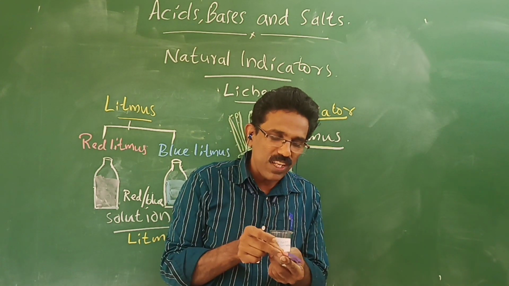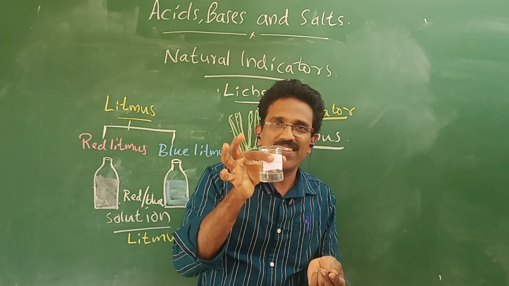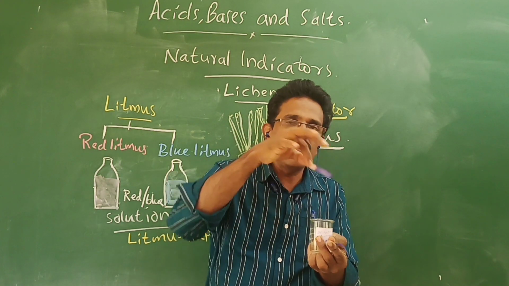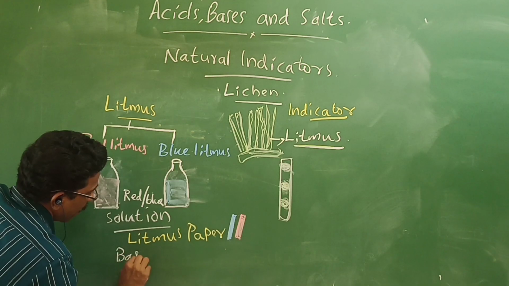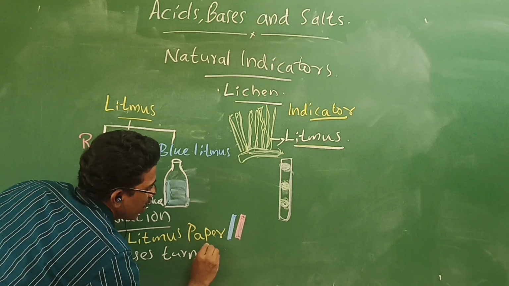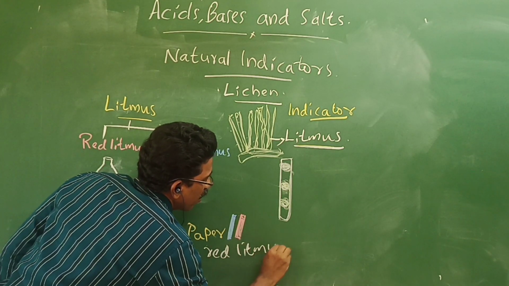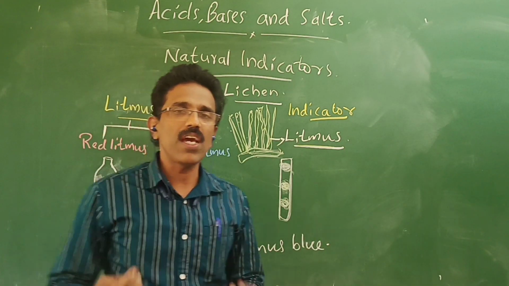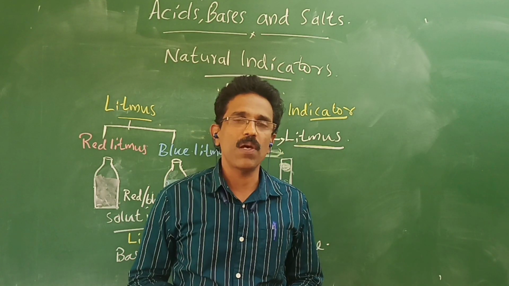What is the meaning of that? Yes, it's a base. When we dip red litmus into a basic solution, it turns blue. Bases turn red litmus blue.